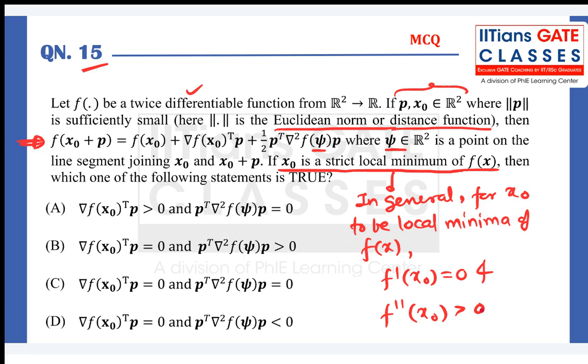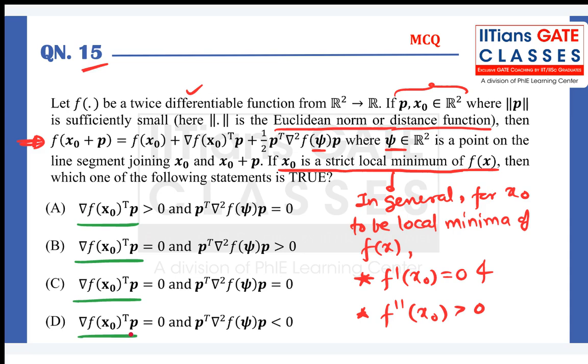So you should compare these two conditions with the conditions in the options. Because sometimes you need to improvise in your exams. You'll not get everything in the standard form that you have studied. So how do you improvise? You see that in all the options, they are talking about gradient of f of x naught transpose p.